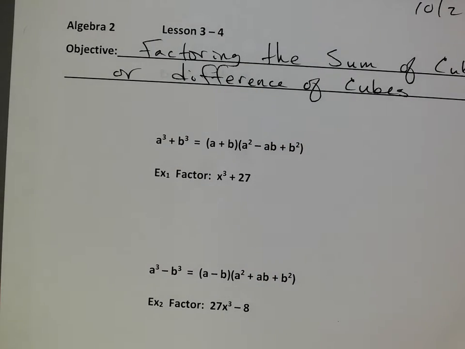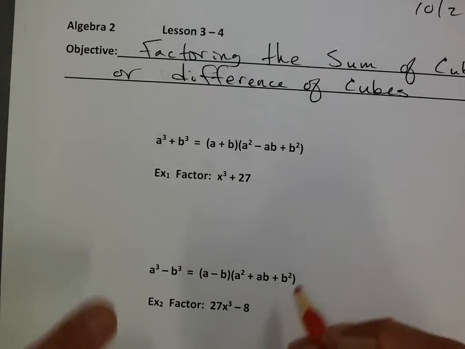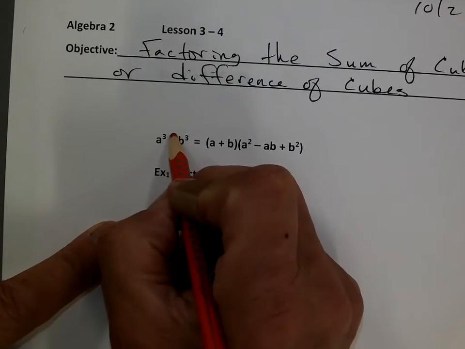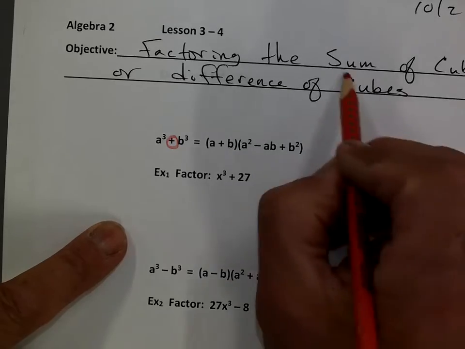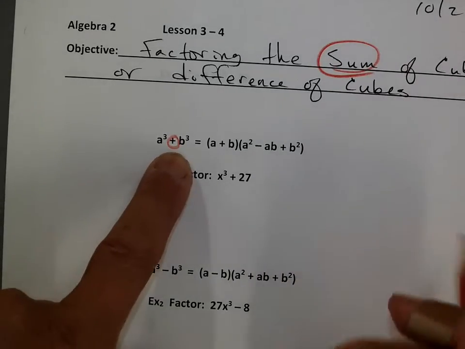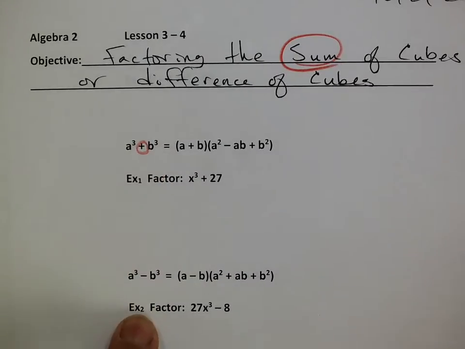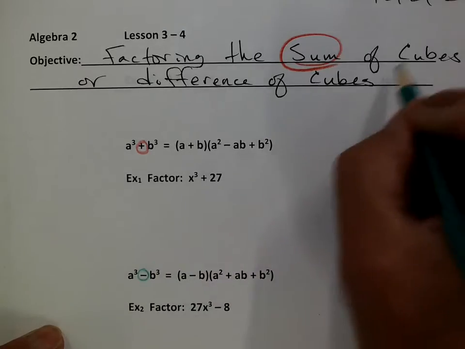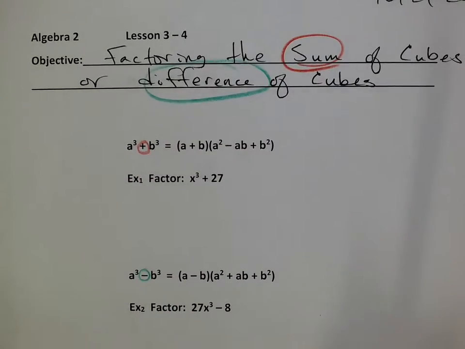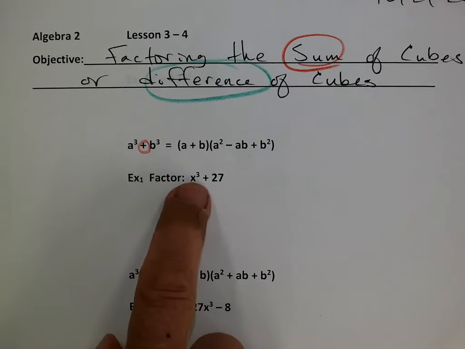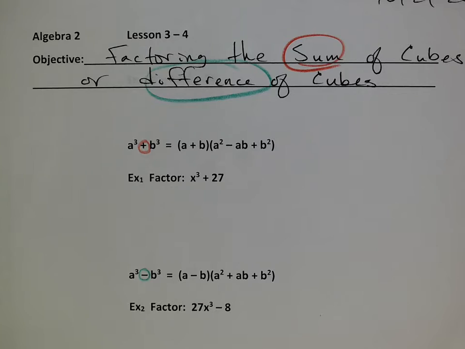Well, I'll show you. That's sum of cubes, and that is a difference of cubes. The formulas are almost identical, and the reason is that you really only need one formula if you add that as a negative. But here's how the formula works.